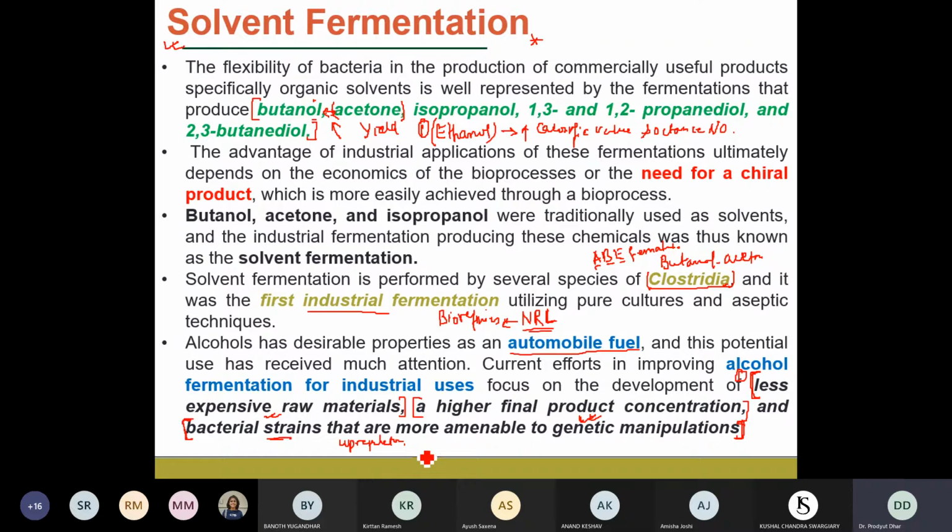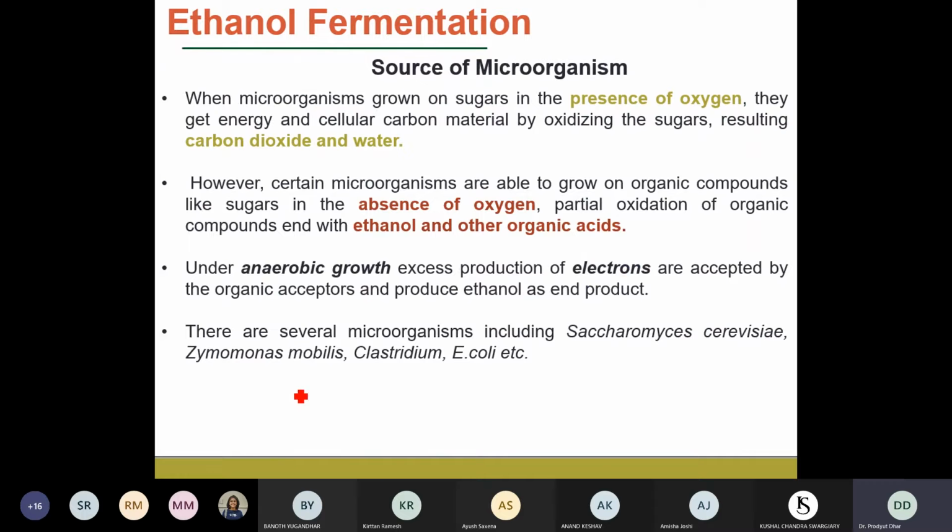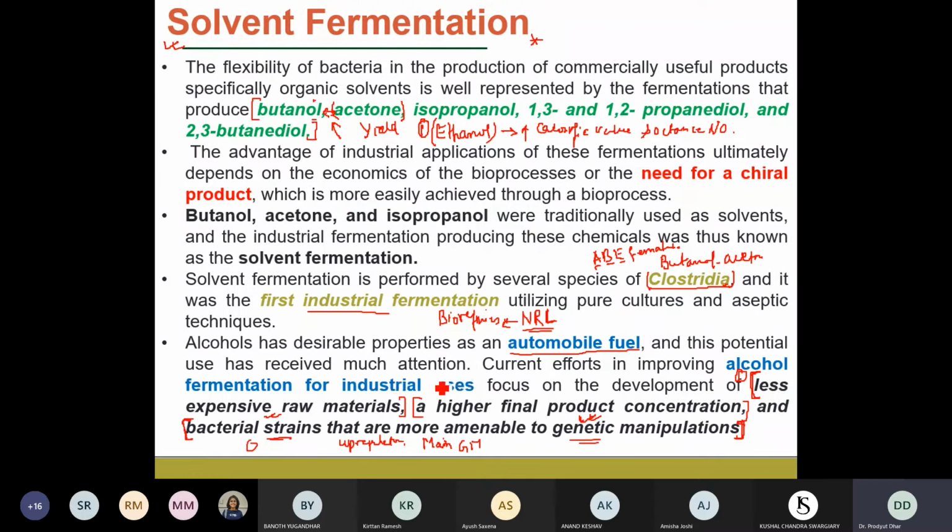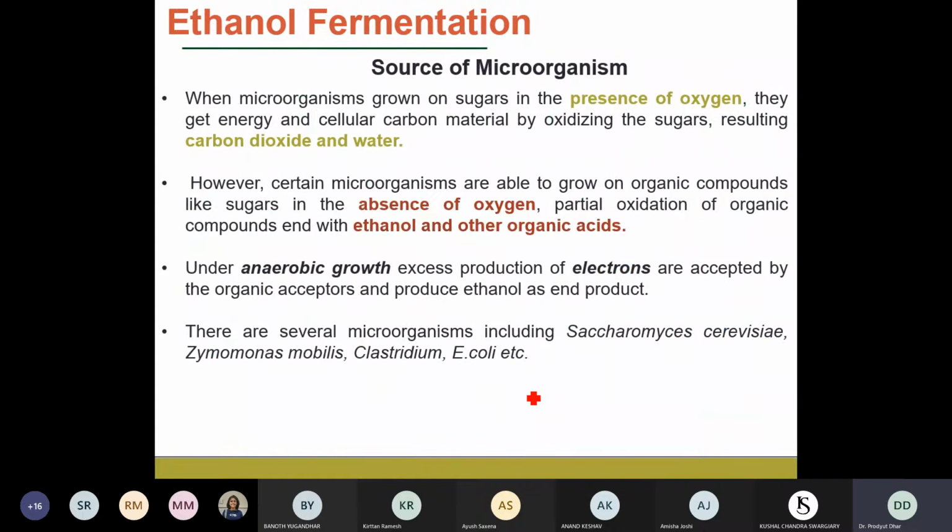So by maintaining adequate growth media components, as well as proper genetic manipulations, we can overall increase the productivity of the bacterial strains. These are the three main strategies required to develop this type of alcoholic derivatives for industrial fermentation processes.